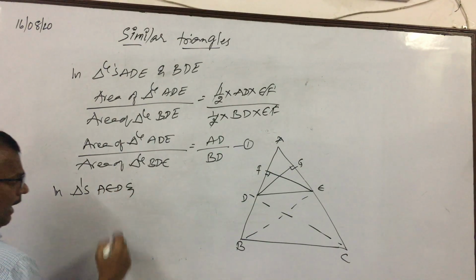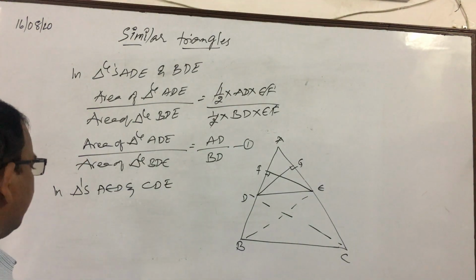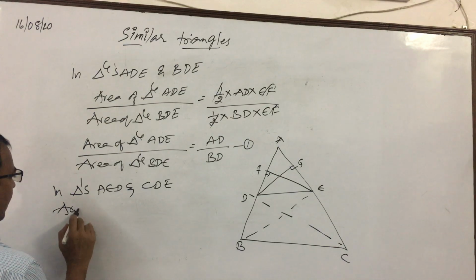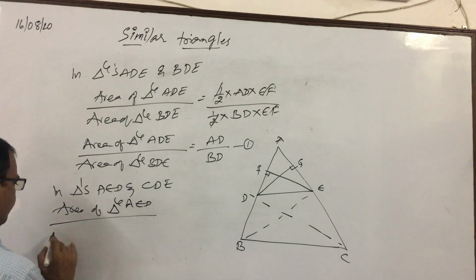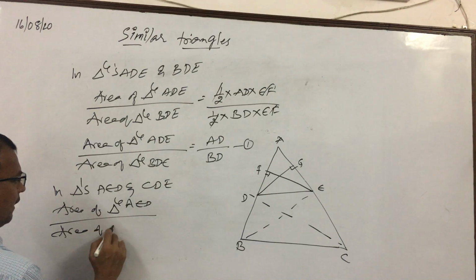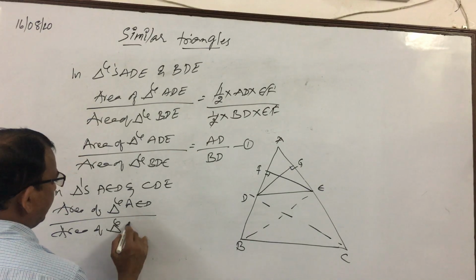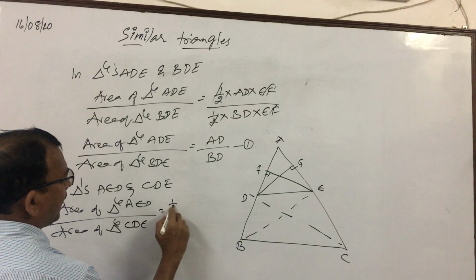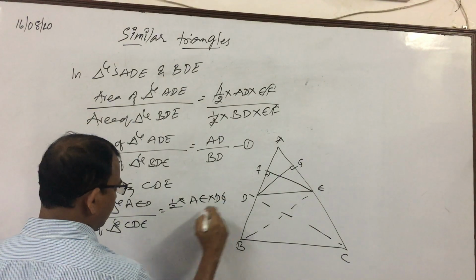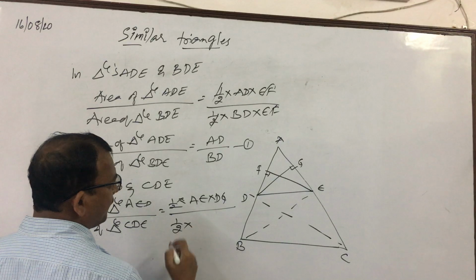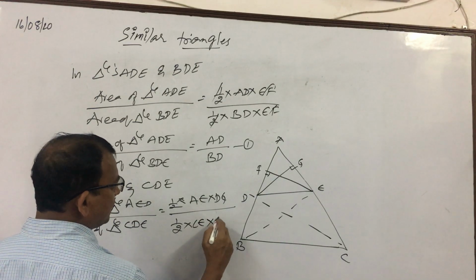Next, in triangles AED and CDE, area of triangle AED by area of triangle CDE is equal to half into base AE into height DG by half into base CE into height DG.